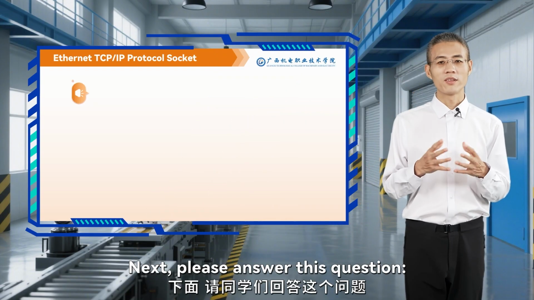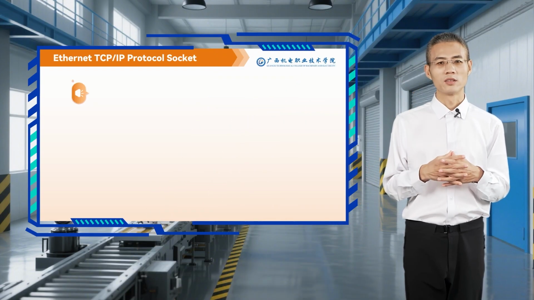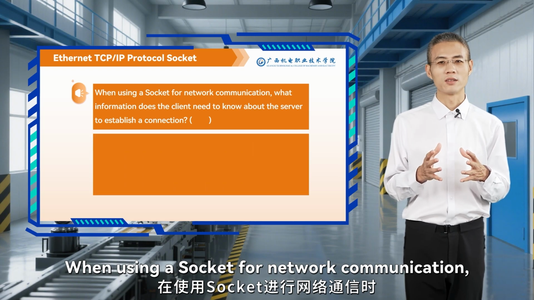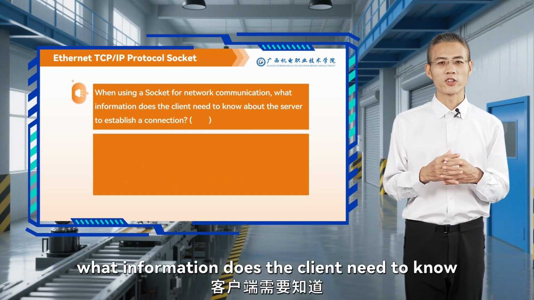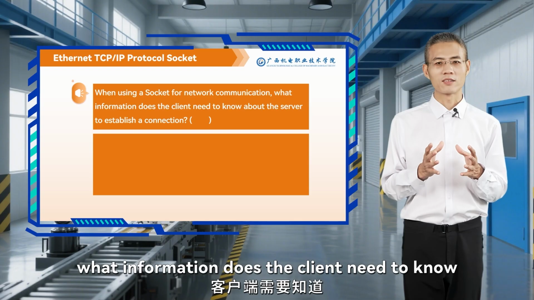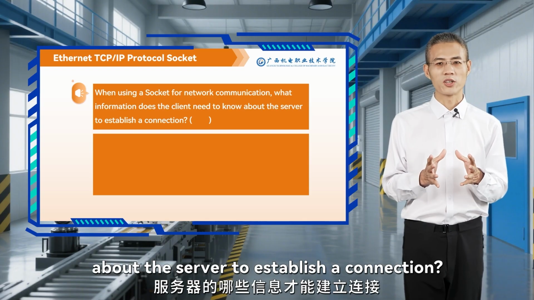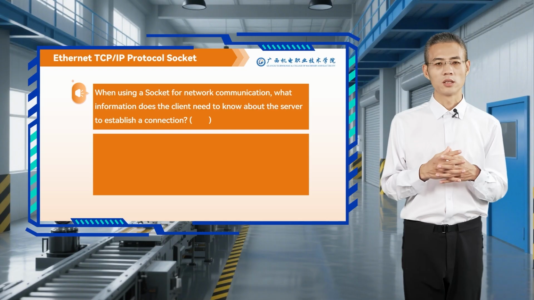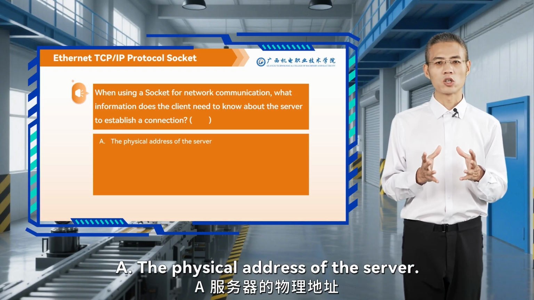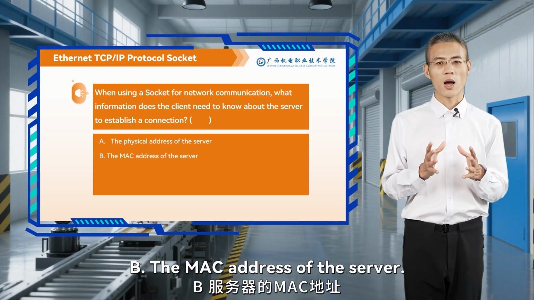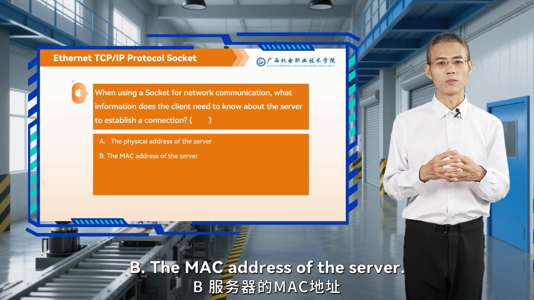Next, please answer this question. We're using a socket for network communication. What information does the client need to know about the server to establish a connection? A. The physical address of the server. B. The MAC address of the server.